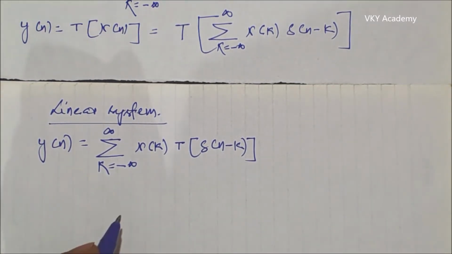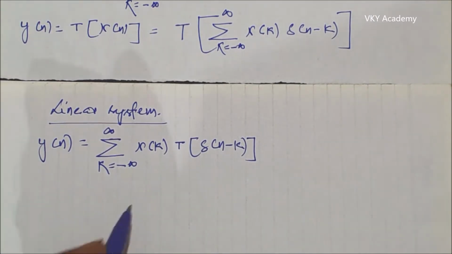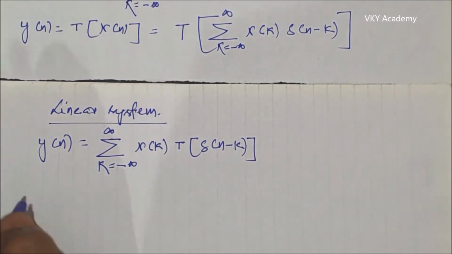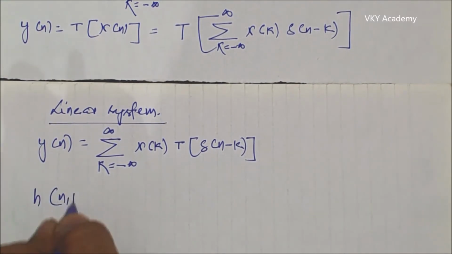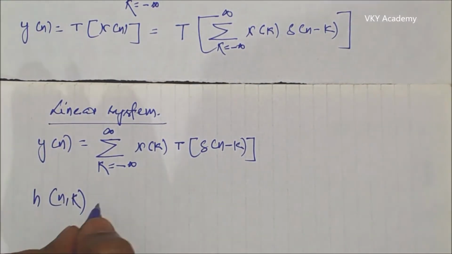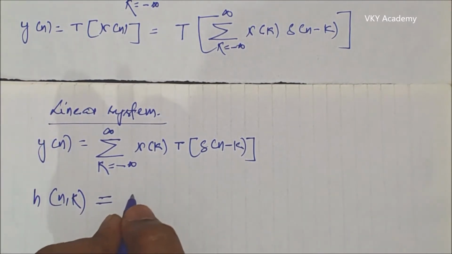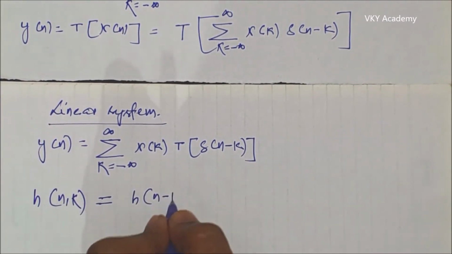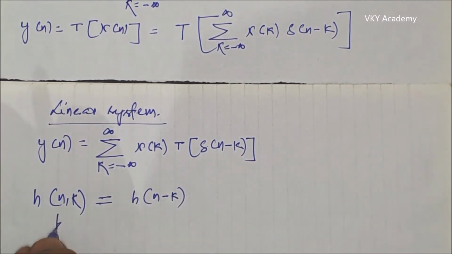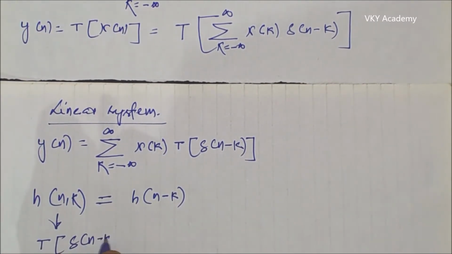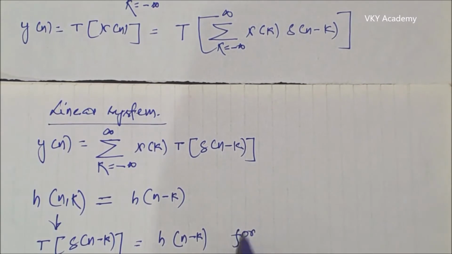Now in the topic of time variant and time invariant systems, we also discussed that the response to the shifted impulse sequence can be denoted as h of n comma k. And for a time invariant system, h of n comma k must always be equal to h of n minus k. So h of n comma k is actually T of delta of n minus k, which is equal to h of n minus k for a time invariant system.